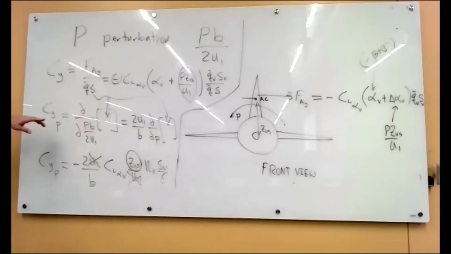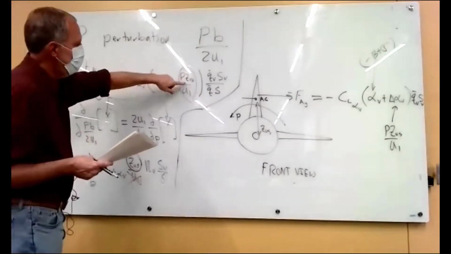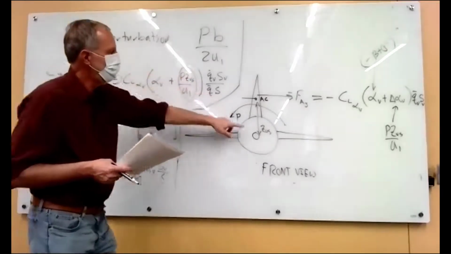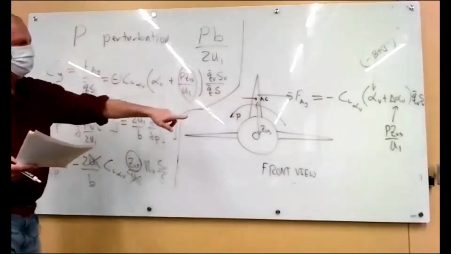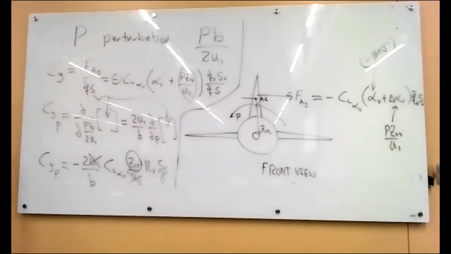It's not the lag this time, but it's from the angle of attack generated by the P. So the P times that distance gave us that angle of attack that generated the force. So for the vertical tail effect on the rolling moment and the yawing moment, you just multiply this thing times the appropriate moment arm, and you get that effect.